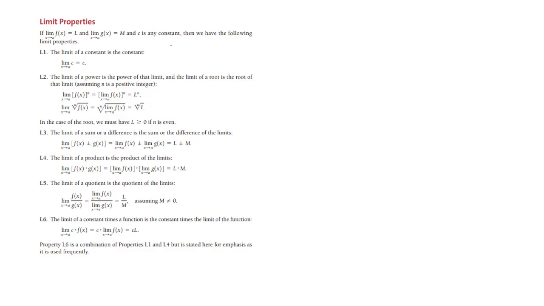Let's continue with the second property. The limit of a power is the power of that limit, and the limit of a root is the root of that limit, assuming n is a positive integer. Remember, we need to work with positive numbers.